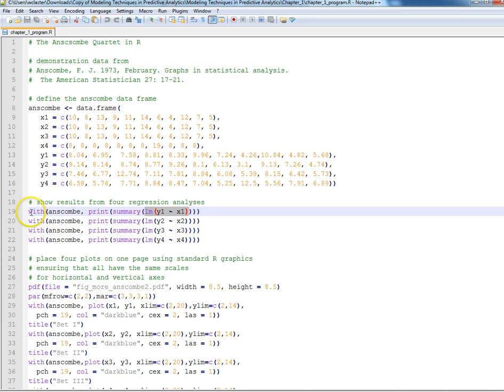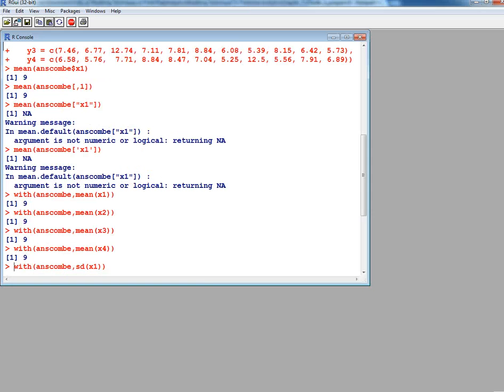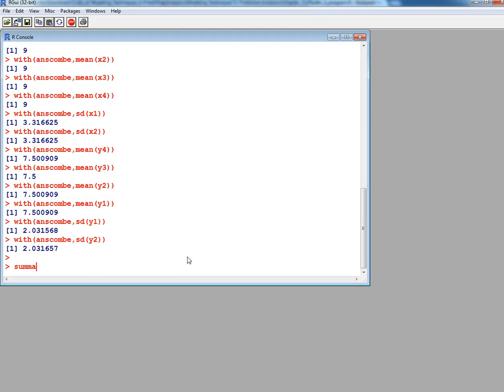And what does this with do, by the way? That just allows us not to have to type Anscombe over and over again, right? Okay, and what does this summary do? Actually, let's try one more summary. Try summary of Anscombe, just by itself. What does that give me?